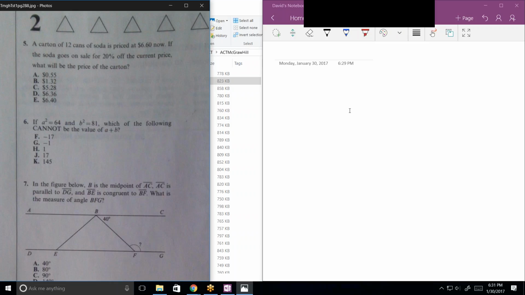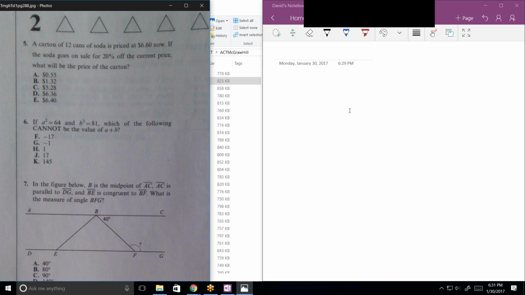So I'm going to take 6.60 and divide it by 10 to get 10%. Or, there's an easier way to do this. What do you think the most efficient one-step method is? Could I take 6.60 and multiply it by 0.8? You got it. And that gets me 5.28, so C. Right. I was making too many steps.